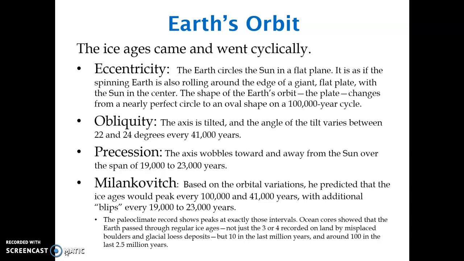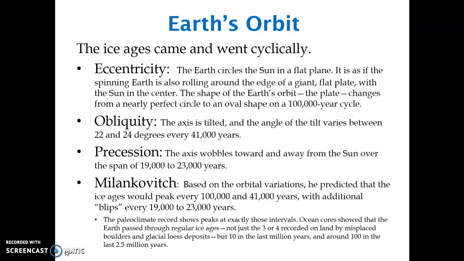And a mathematician named Milankovitch put together all of these orbital variations, and from that he was able to map out when the ice ages would peak. He found that ice ages would peak every 100,000 years and 41,000 years, with a few additional blips every 19 to 23,000 years. And in fact, the paleoclimate record shows peaks at exactly those intervals.